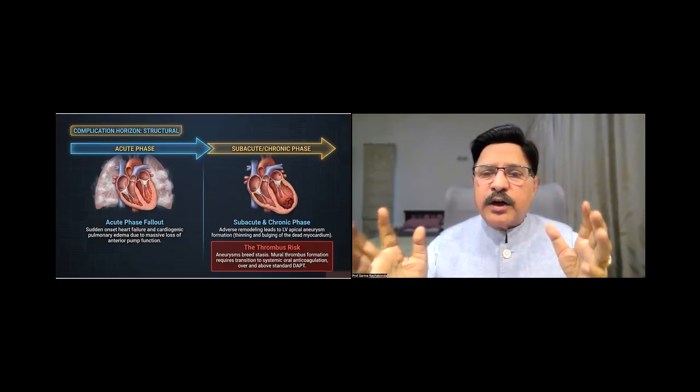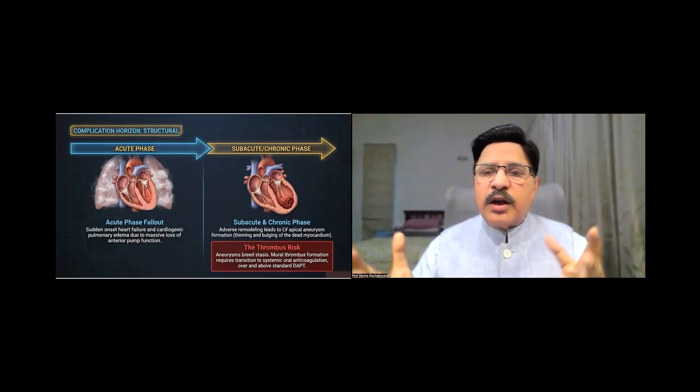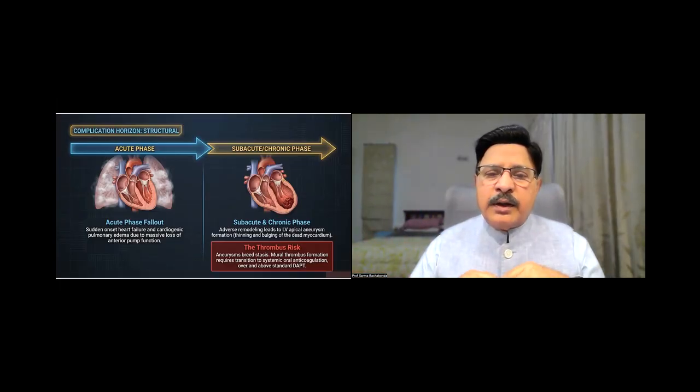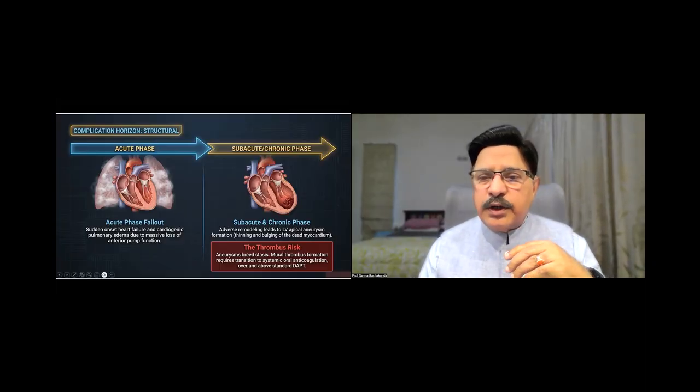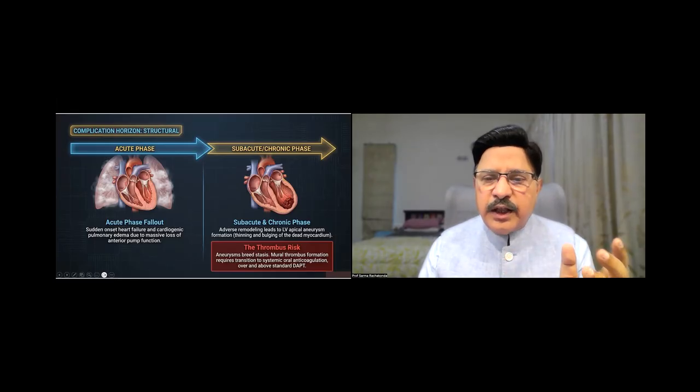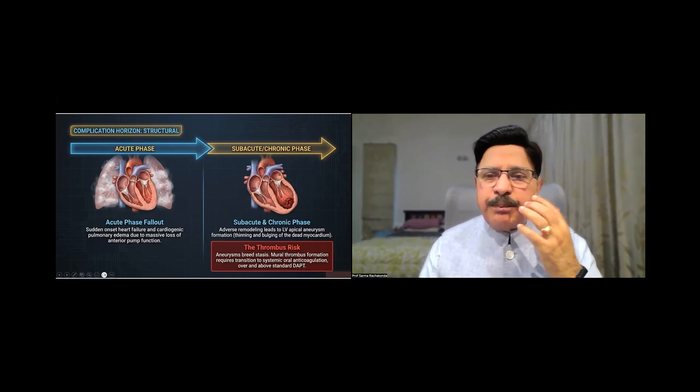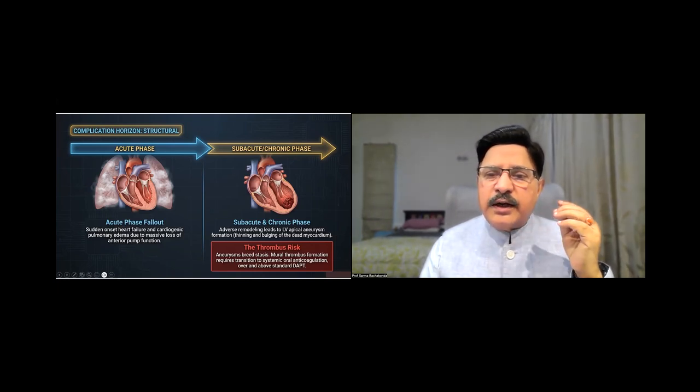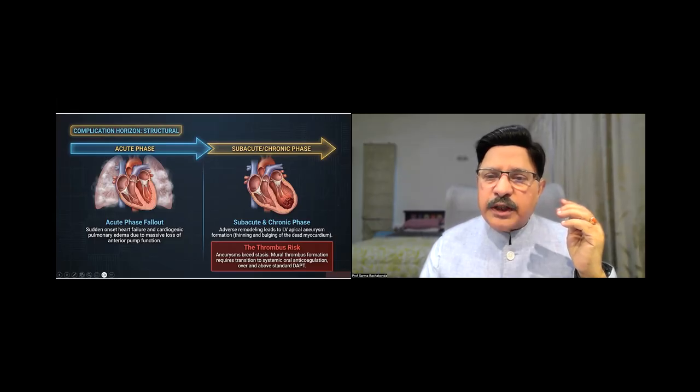In the subacute and chronic phase, adverse remodeling occurs of the LV apical part, and an LV apical aneurysm can occur. Once the aneurysm forms, there is thinning and bulging of the dead myocardium. That breeds stasis, and that leads to thrombus formation. Mural thrombus will form within the cavity, and there will be thromboembolic risk.